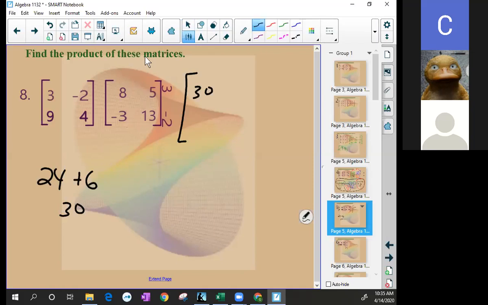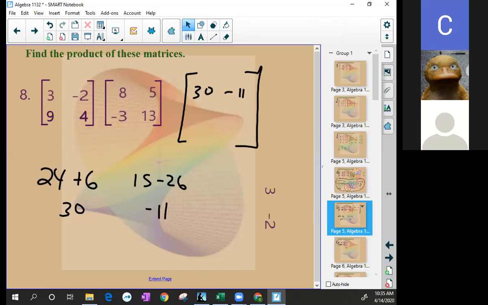And so now I'm going to have 15 minus 26, which makes negative 11. And now I'm done with the first row. Now I've got to look at the second row.